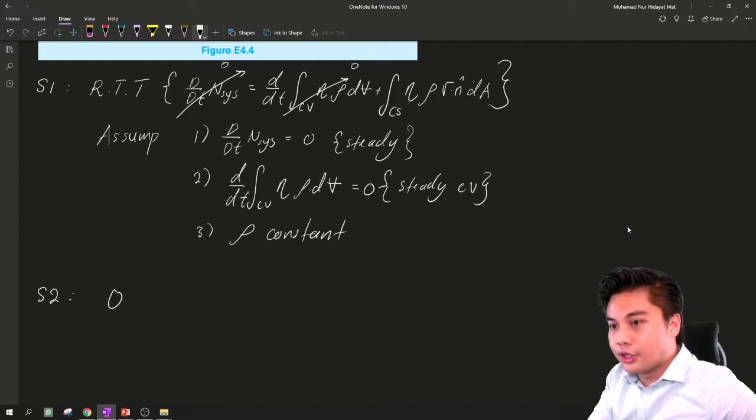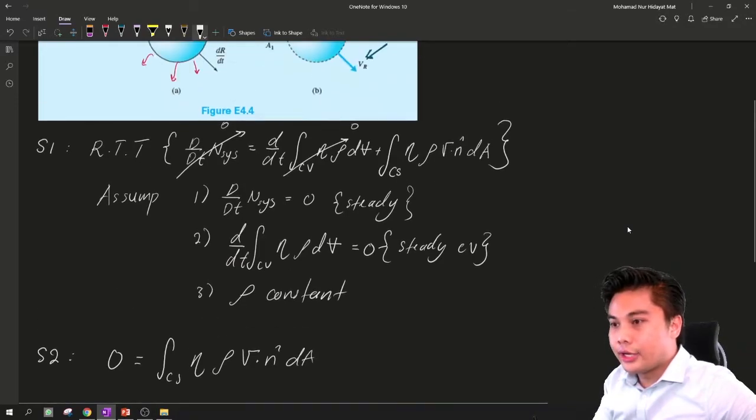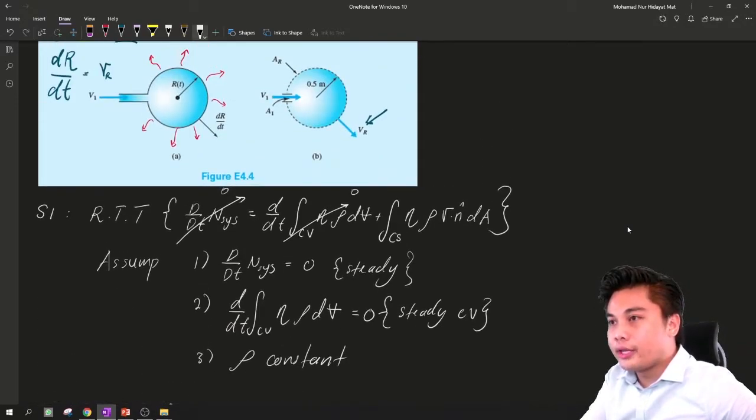This is 0 equal to integration of control surface intensive property rho v dot n dA. And then we have how many points? Consider this is point number 1. And then this is point number 2, outlet, right?